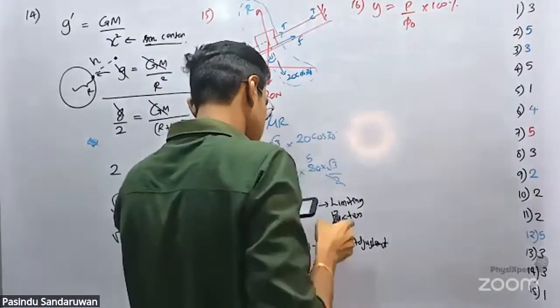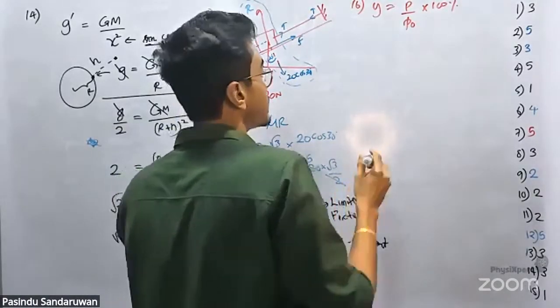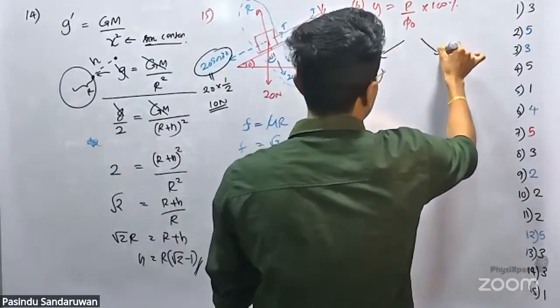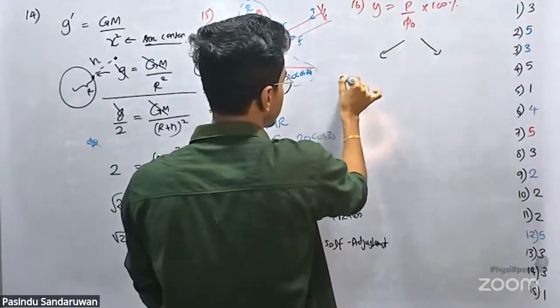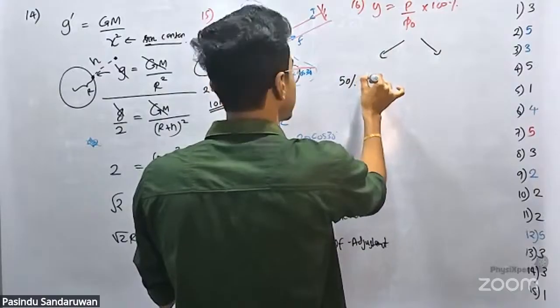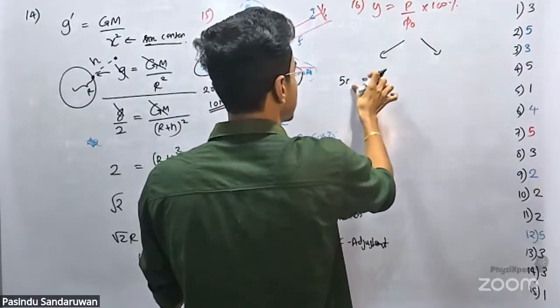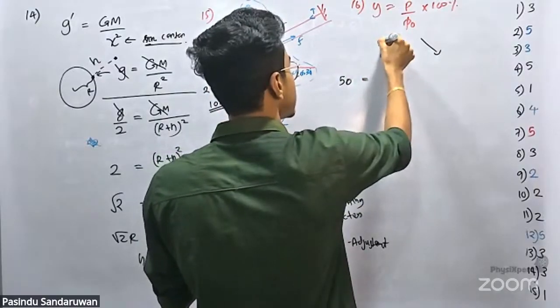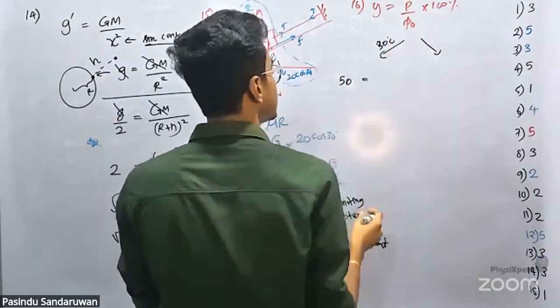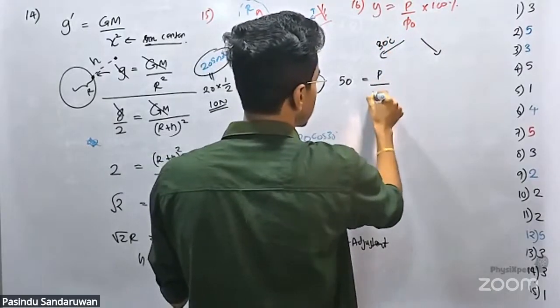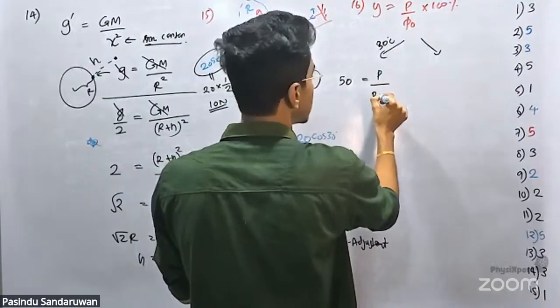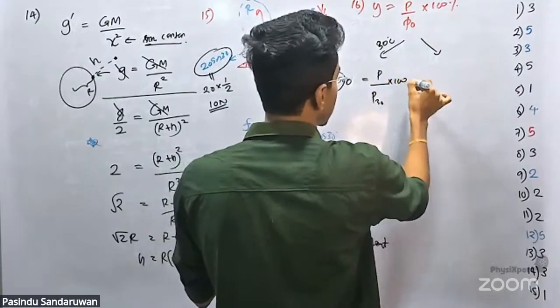At 30 and 35. At 30, this is 50%. 50 equals P over P30 times 100.